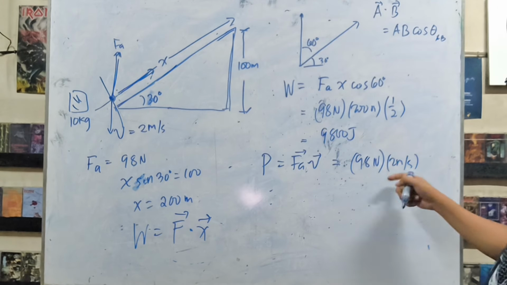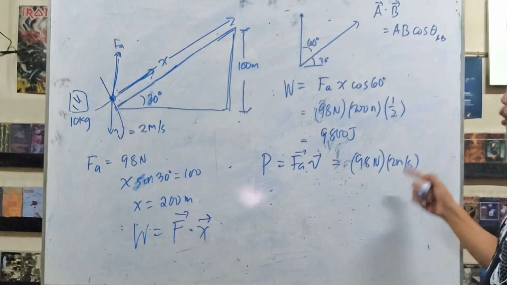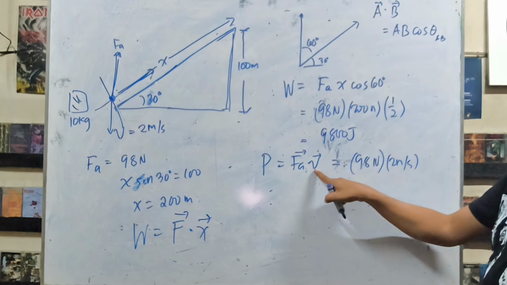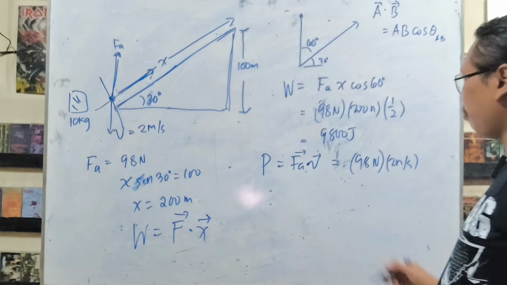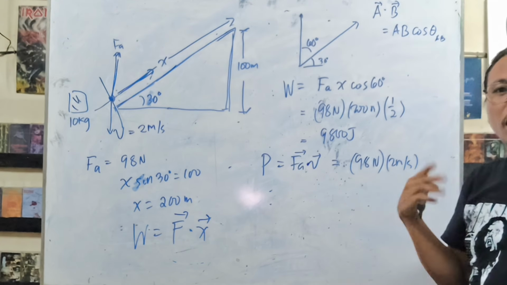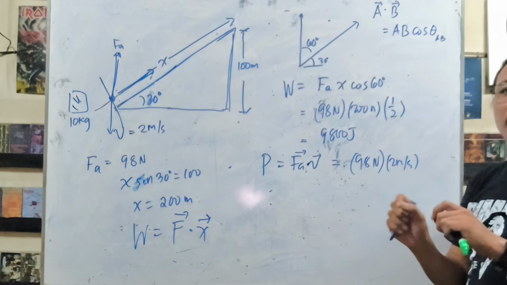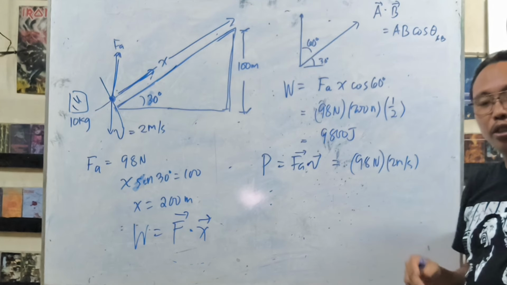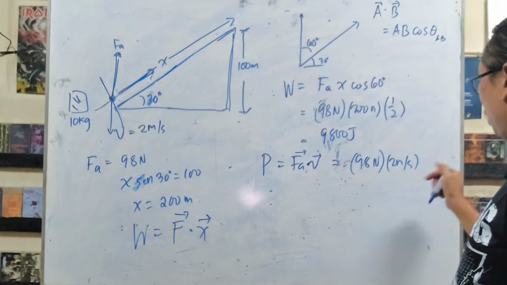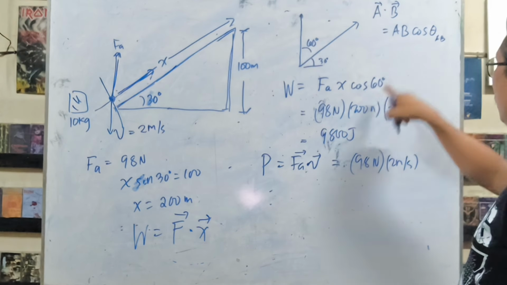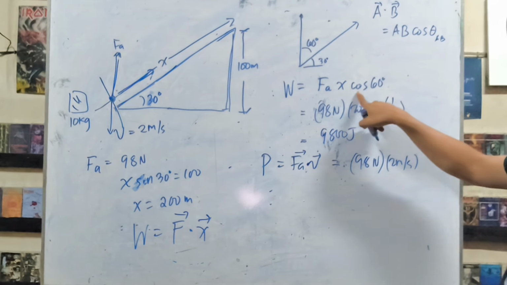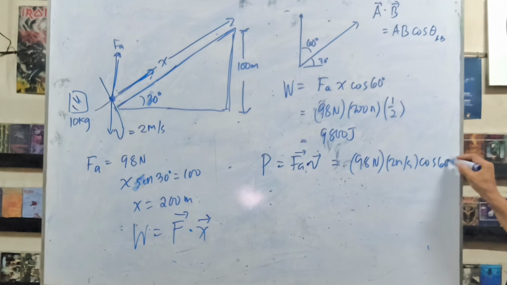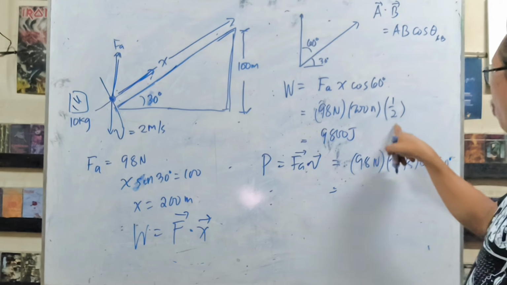So meaning this is automatically the velocity times the cosine of the angle between FA and V. Always remember that when you encounter the dot product, you need to get the directions of the vectors. So here, cosine of 60 degrees, and this is just again 1/2.